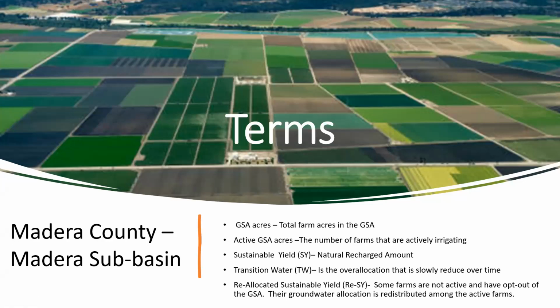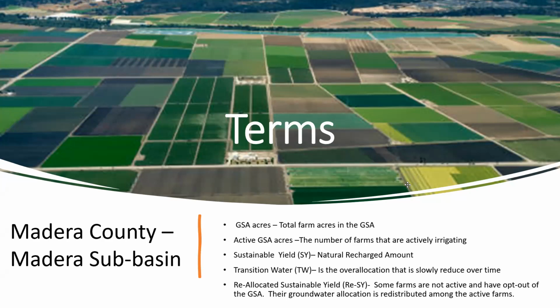As with all GSAs, there are special terms. In this particular GSA, the total farm acres is the total land across the whole GSA as an aggregate. Then you have the active farmland, actually irrigated farmland, which is typically a little bit less than the total.